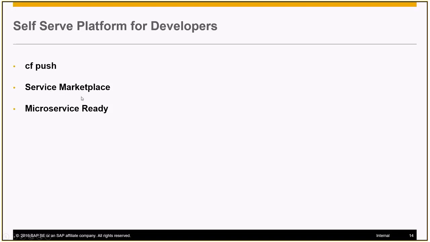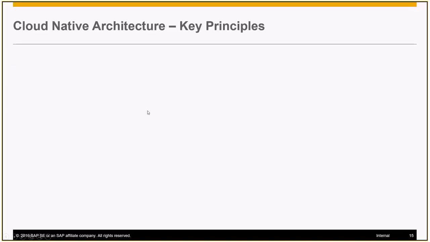We haven't talked about the service marketplace, or about being microservice ready, but you can see that you can have all these applications, all these microservices. Different teams can do it, they are pretty independent, and they can simply build and deploy. But let's talk about the service marketplace next.